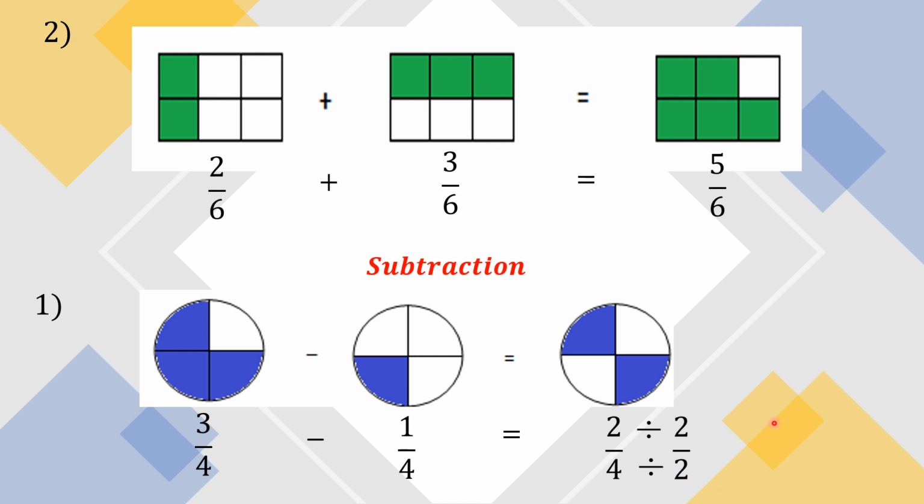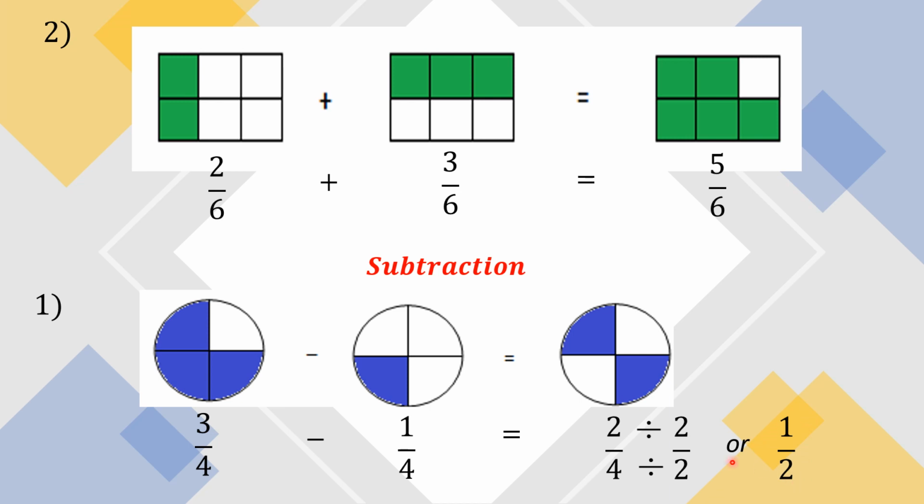Okay, let's try 2. So if you're going to divide numbers on top, be sure that the number you divide at the bottom is the same also. So we will use 2 and 2. So 2 divided by 2, then you can get the answer 1/2.